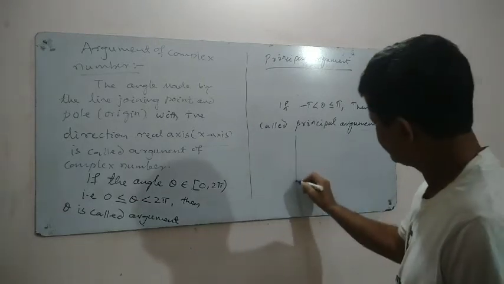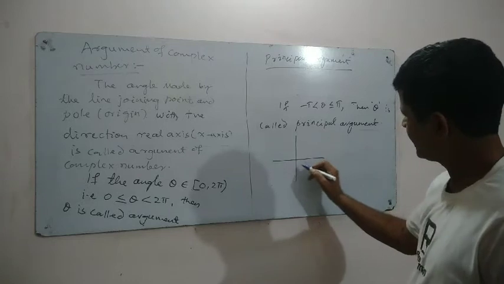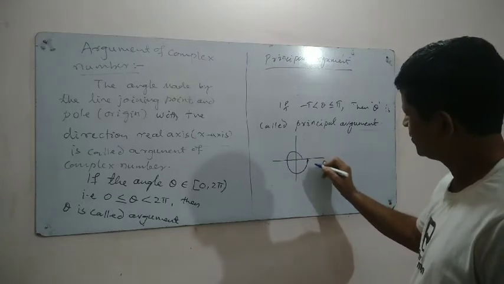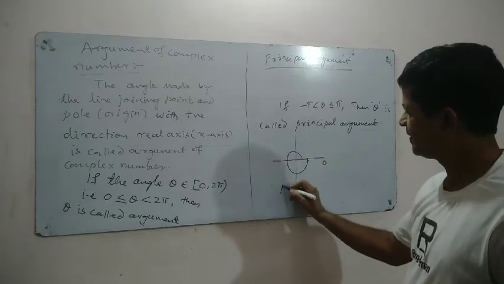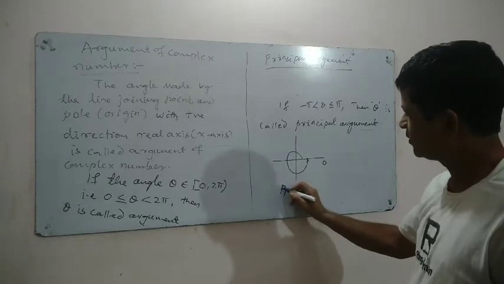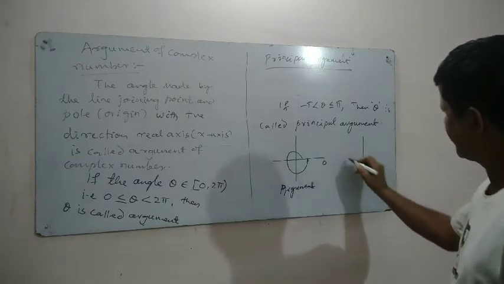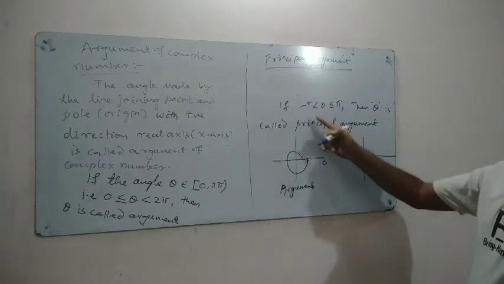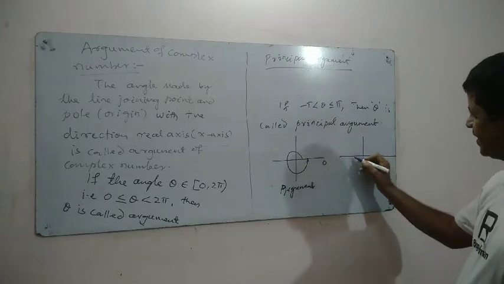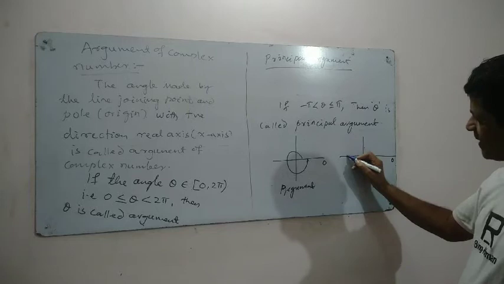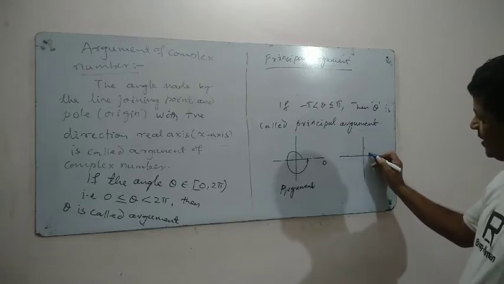Look here, it starts at 0 and ends at 2 pi, then it is the argument. But in the case of the principal argument, it is from minus pi to pi. Here is 0, then pi by 2, then pi in the anti-clockwise direction.